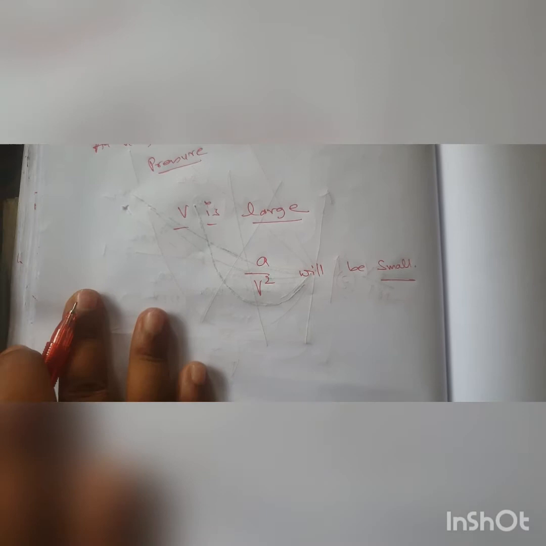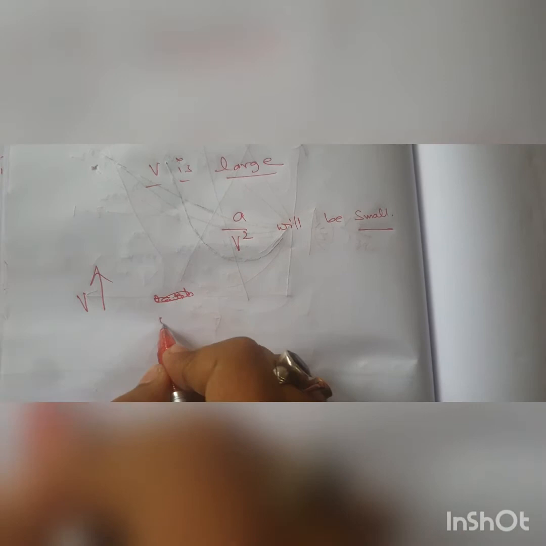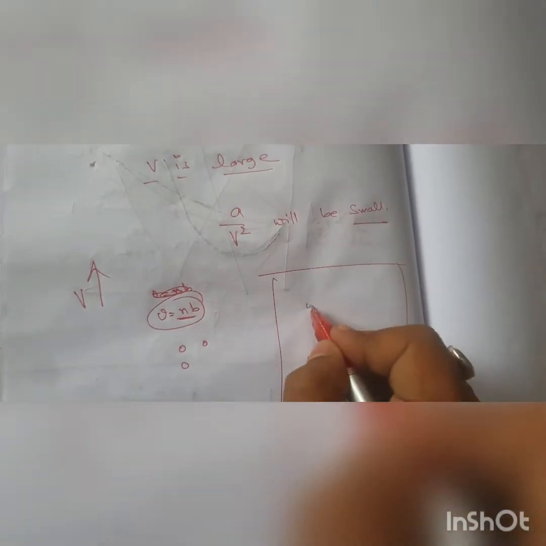Also, if V is so large, then in comparison to that, small v, which is equal to nb, can also be neglected. The volume of the molecules is negligible. So the equation becomes PV = RT. So at very low pressure, this will happen.